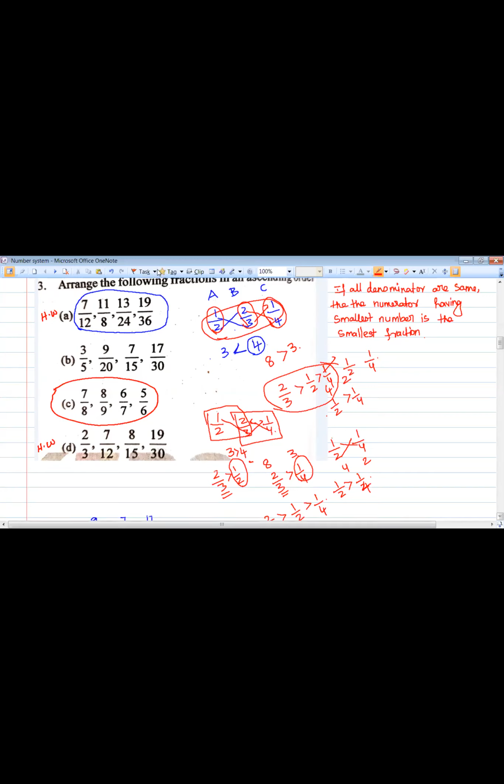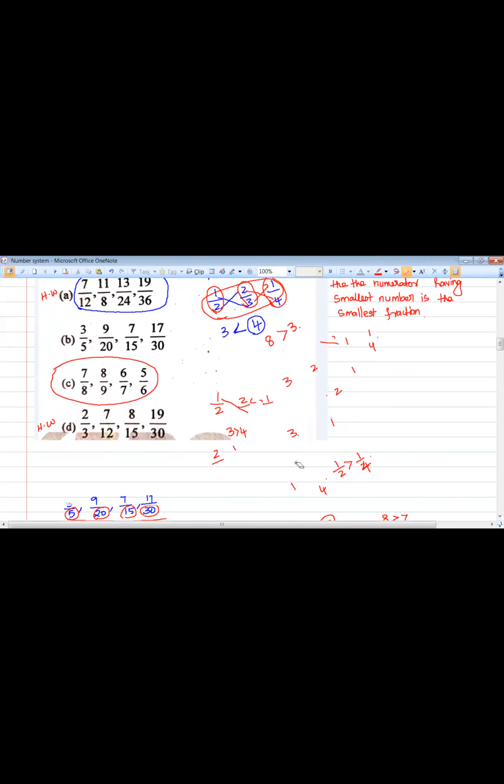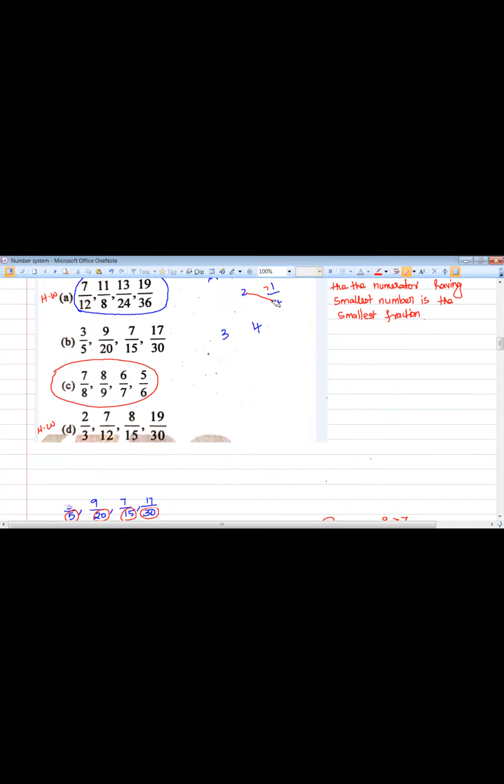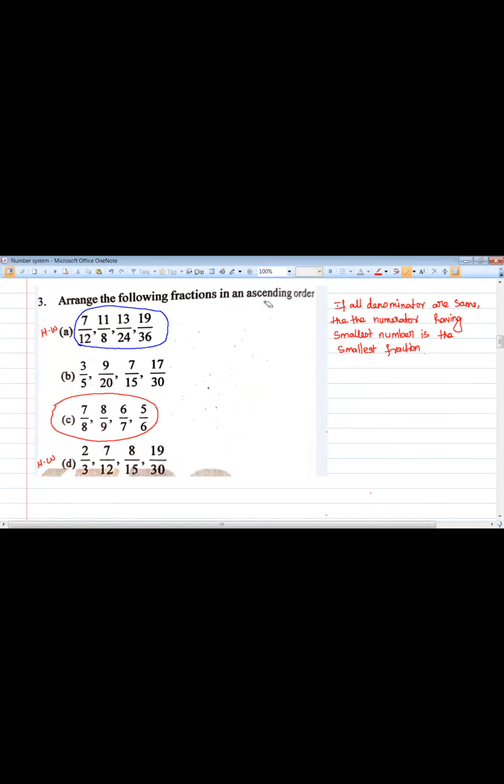In that particular note, you have to solve. Okay, now everyone start to solve question number C.